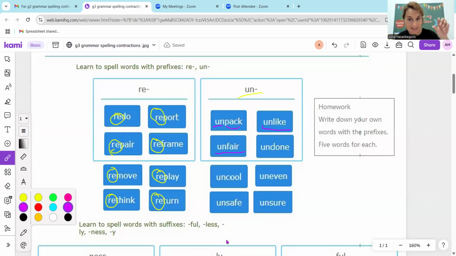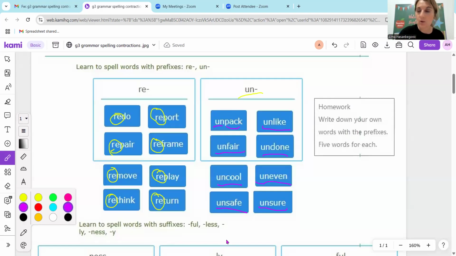Unhappy, unsafe, so not safe. Undone. It is not done. Uncool, uneven, unsafe, and unsure.